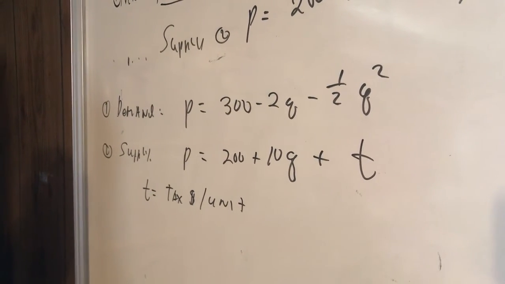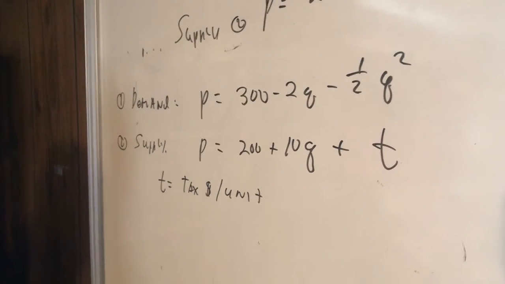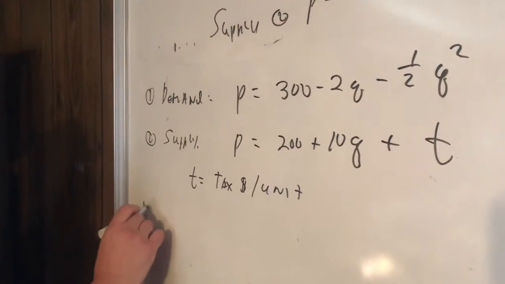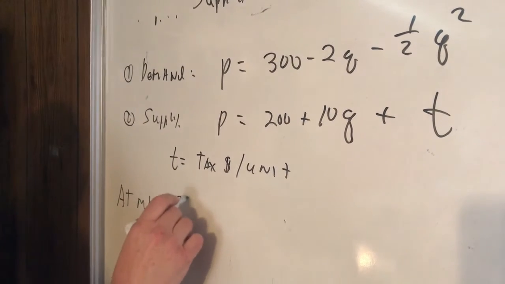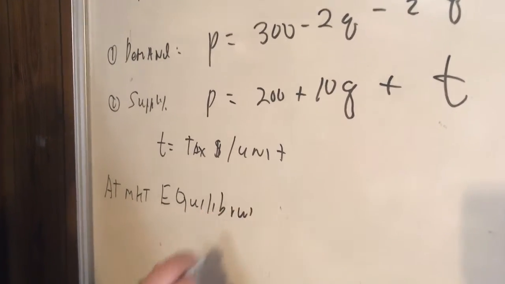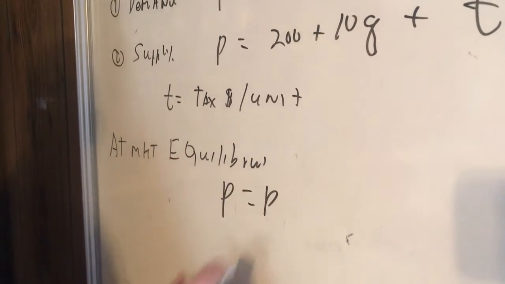So what do we want to know? We want to know what's going to happen at equilibrium. At market equilibrium, now we had problems like this in QBUS-110, we let the two price functions equal each other.